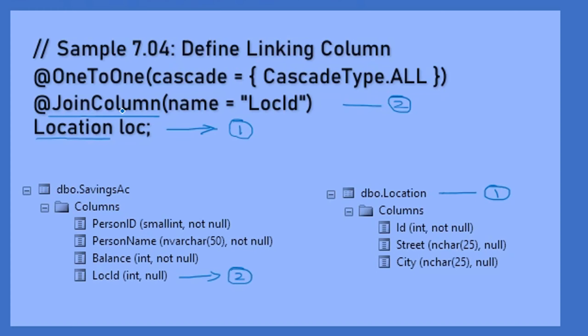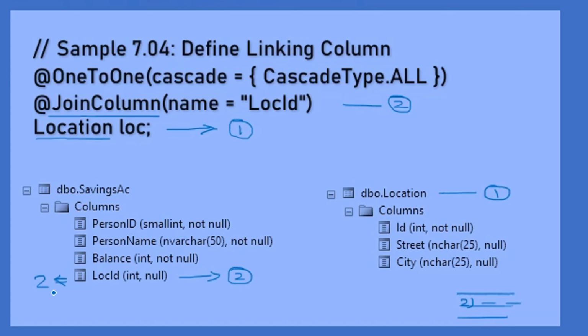So this join column signifies that when the entity manager is loading this savings account, it will not load the value in this LOC ID. So in the LOC ID at the database level, say for example, we are having a value 2, and in the location table there may be multiple rows and some row will hold a value 2, then street and city.